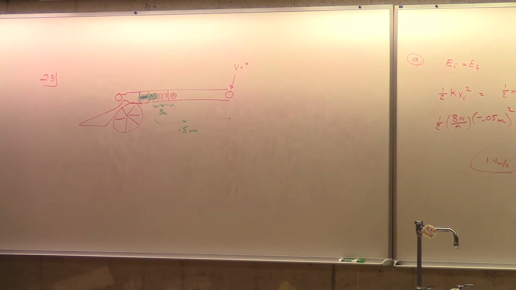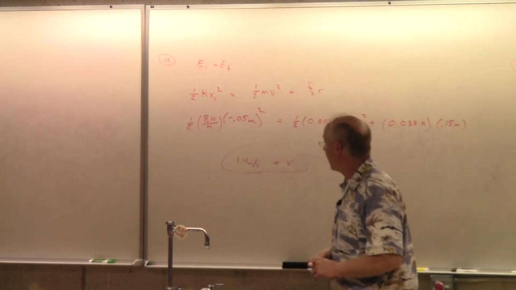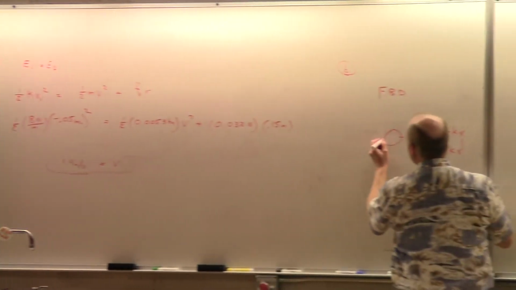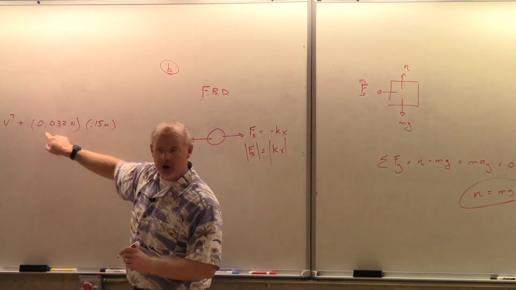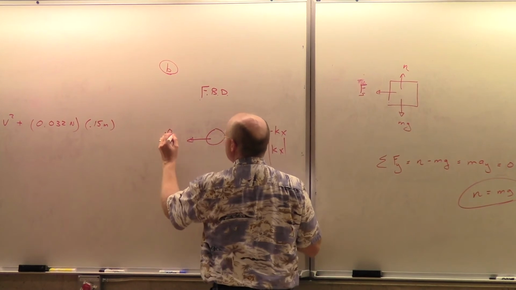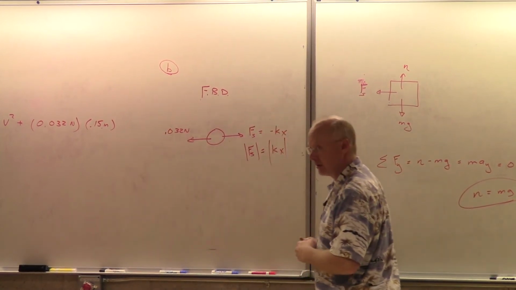What are we looking for in this part as well? Where does the ball have its maximum speed? Okay? Anything pushing back on it? Yeah, that's that friction right there: 0.032 newtons.